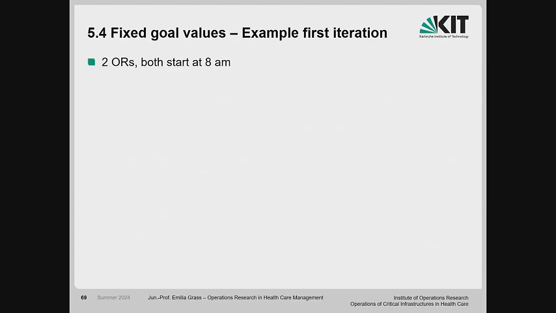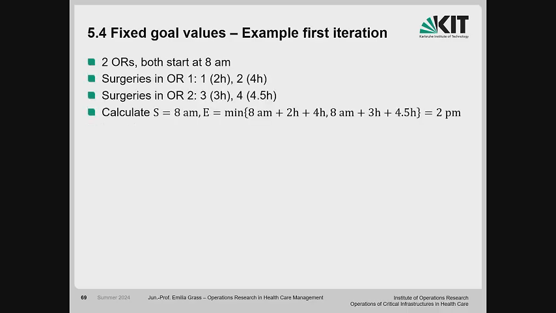Okay, and of course this is a pretty theoretical explanation. Let's start with an example, and we make some kind of social event now. I'm looking forward. So you have two operating rooms, both start at 8 a.m. You have two surgeries, two operating rooms, one that takes 2 hours, 4 hours.